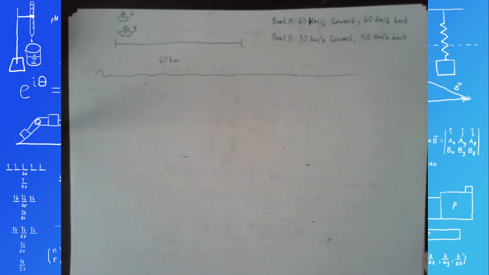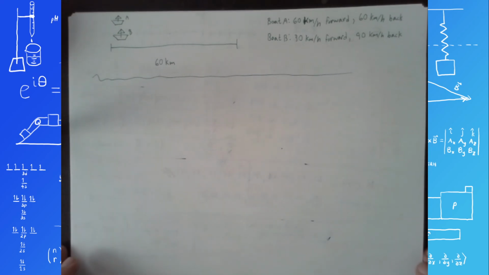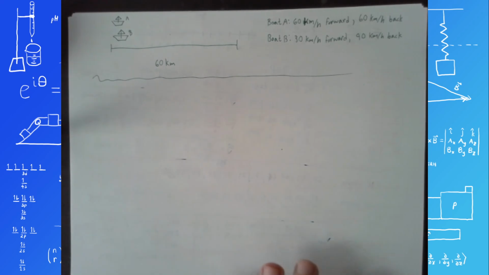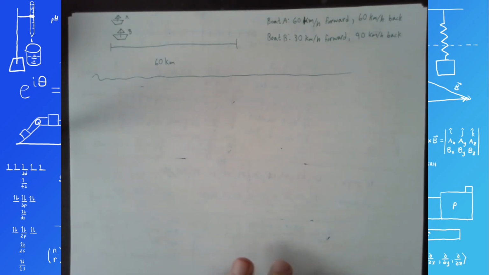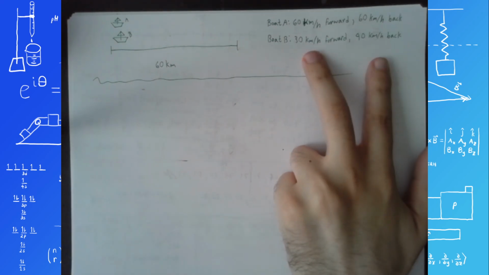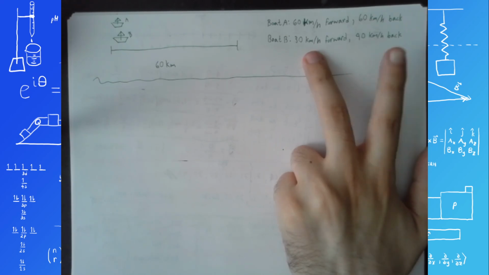Going at 30 kilometers per hour and then at 90 kilometers per hour would lead to an average speed of 60 kilometers per hour if you traveled at each of these speeds for the same amount of time.